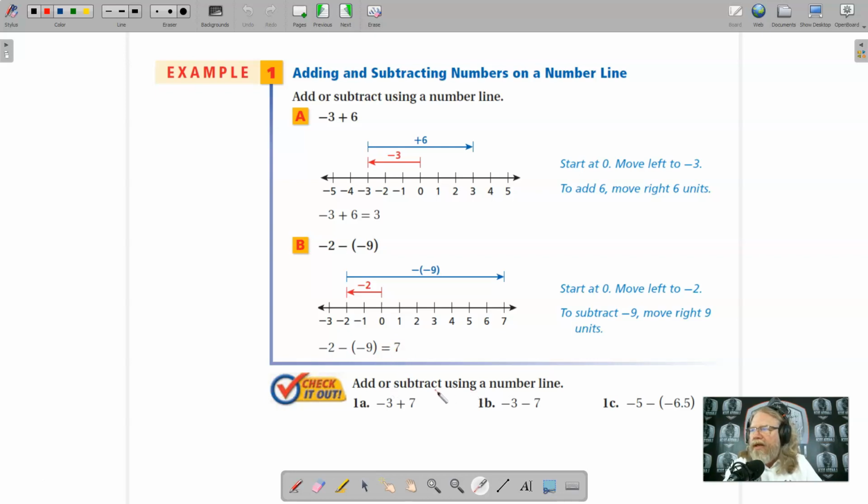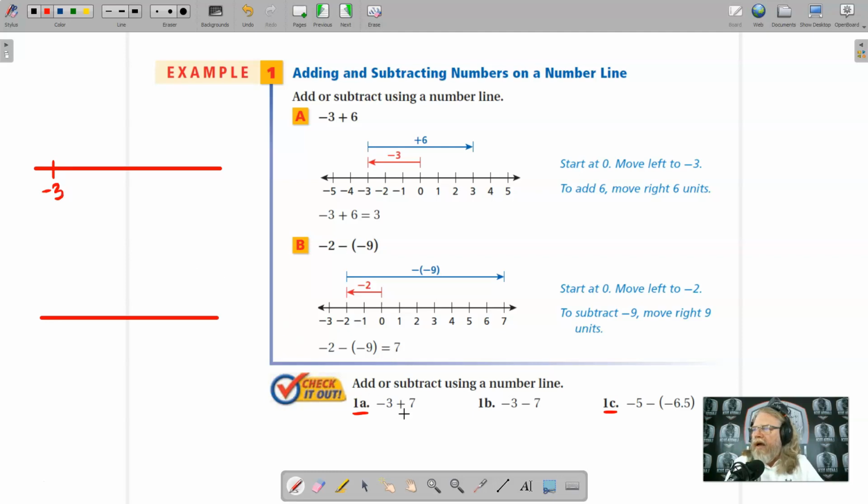So add or subtract using a number line for these values here. We'll do a couple of them. Let's do 2 of them. We'll do this one here, and let's put another number line in right there. On the first one, we're going to do 1A, and we'll do 1C. So let's go ahead and look at that. We want to start with -3. So let's put -3 on the number line here.